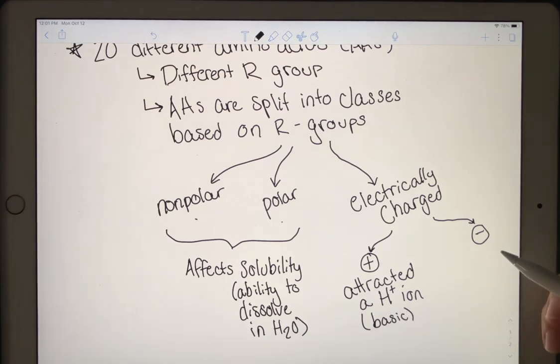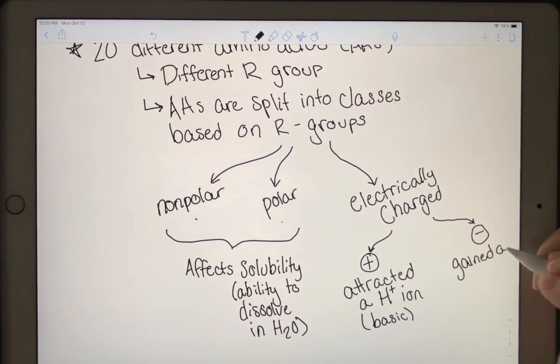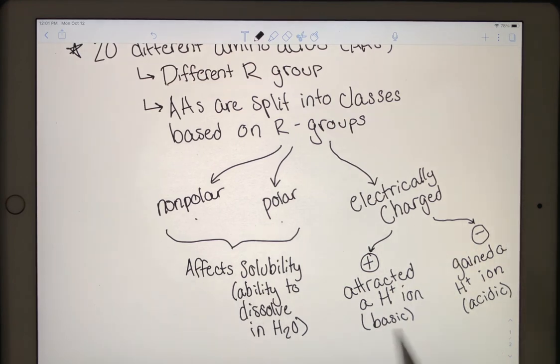If an R group is negative, it probably had gained a hydrogen ion from whatever solution it was in and is therefore acidic. So the different classes of R groups affect how those amino acids are going to act in solution.